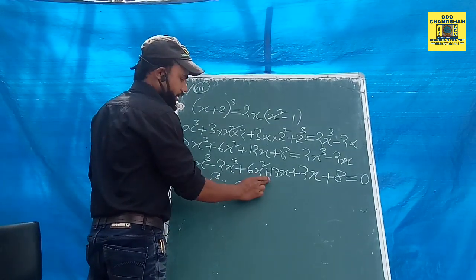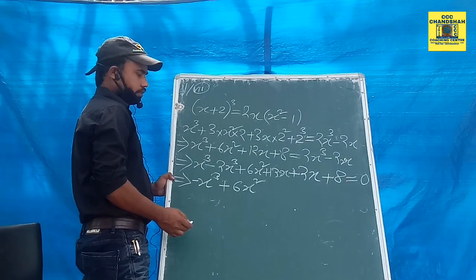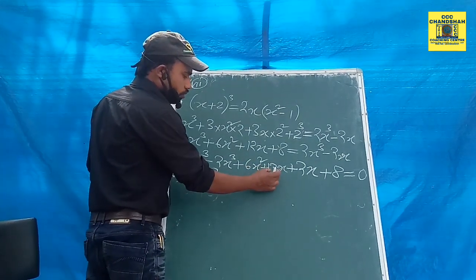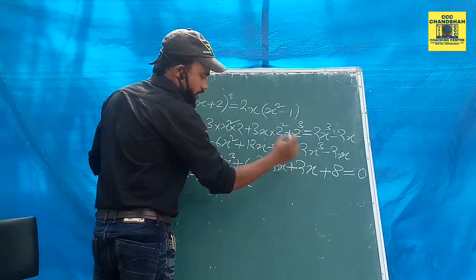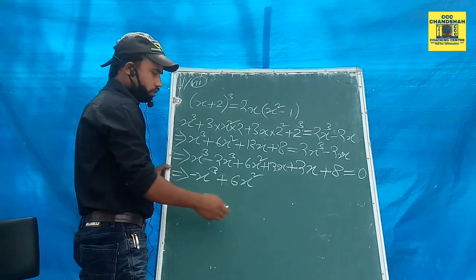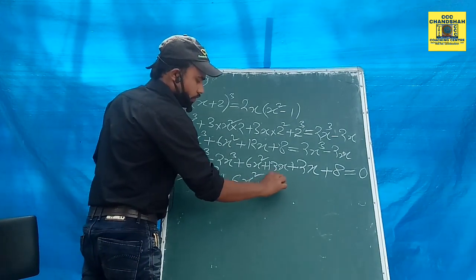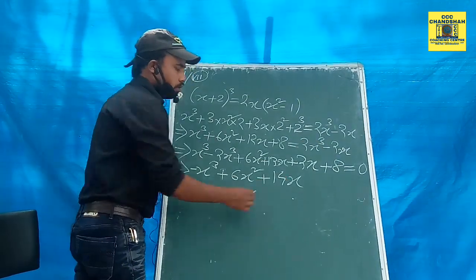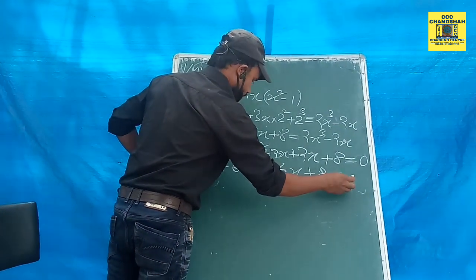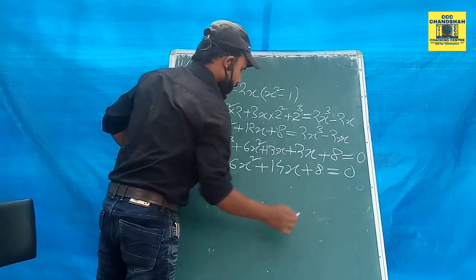It will not be cancelled by any other term as it's the single one. Okay, now 12x and twice x, these two terms will be added together, and then it will be 14x plus 8 equals 0.